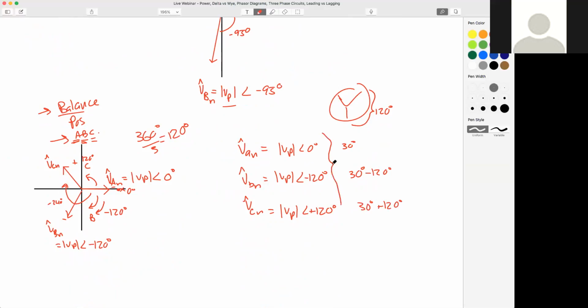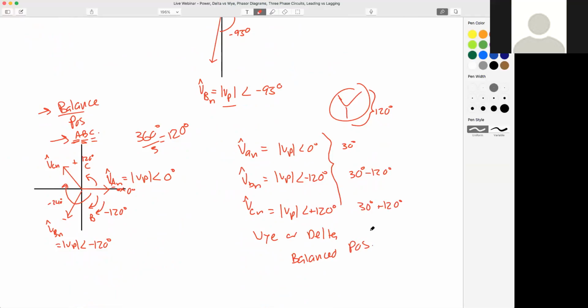That's all we did there. By the way, this is true for Y or delta, as long as it's balanced and positive.